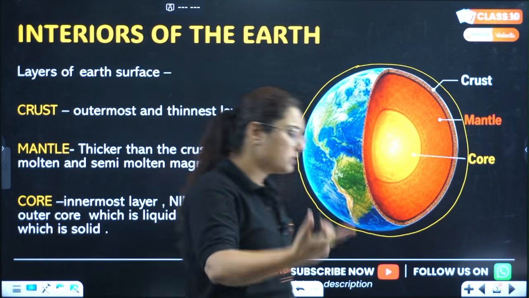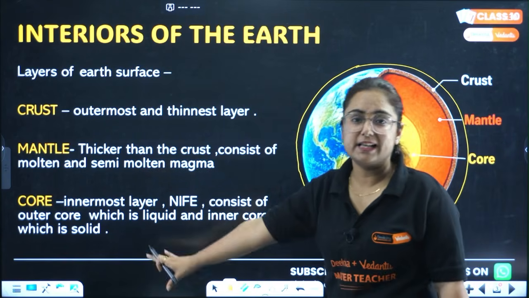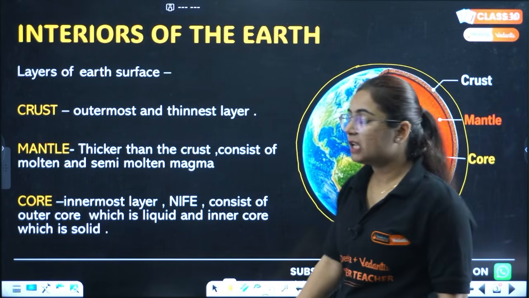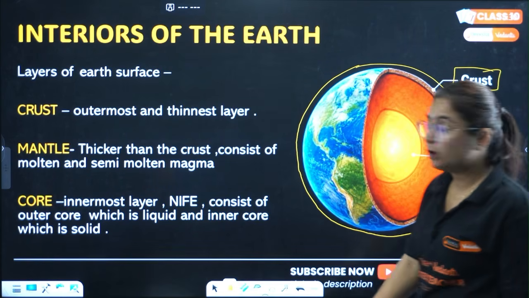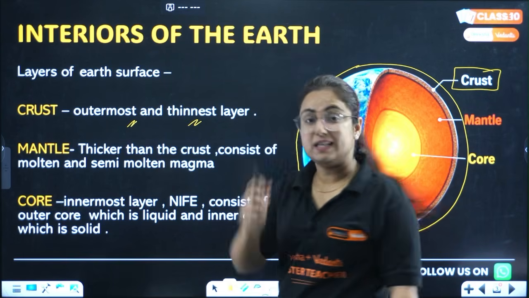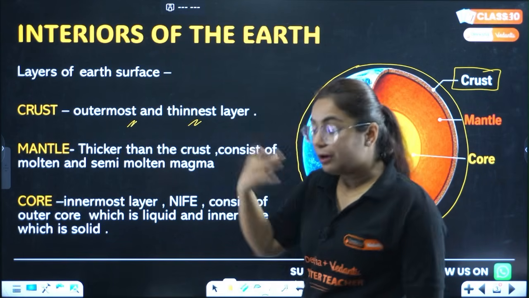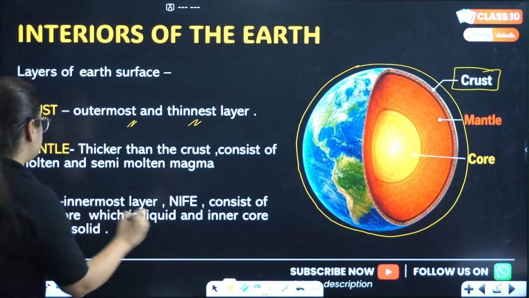So through the research and all those technologies, now we are aware that there are 3 layers of the earth's surface. At the top we have what? Crust. Okay, at the top what do we have? Crust. This is the outermost as well as thinnest layer of the earth crust, where we as humans are living over it. Getting? Second is mantle.